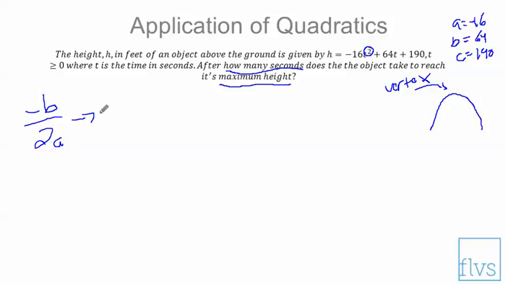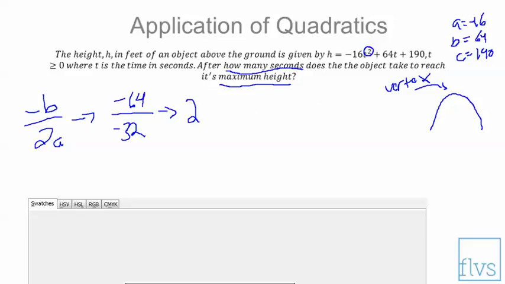So opposite b, so instead of 64, the opposite is negative 64, over 2a. 2 times negative 16 is negative 32. Remember that a negative divided by a negative will be a positive. So negative 64 divided by negative 32 will be positive 2. So that is my axis of symmetry.